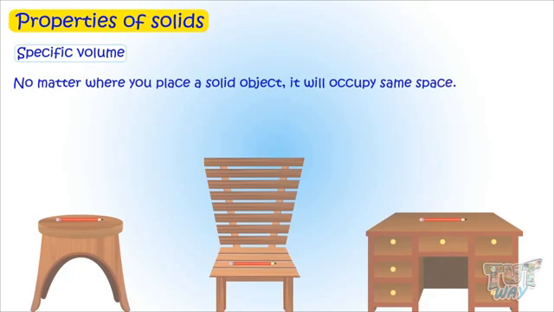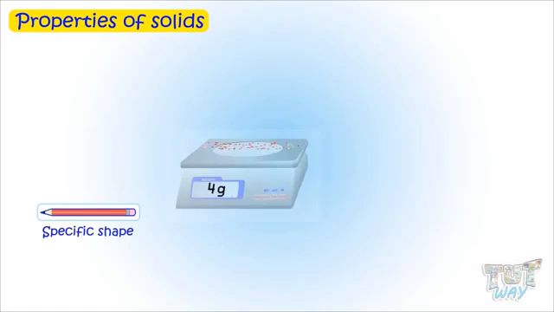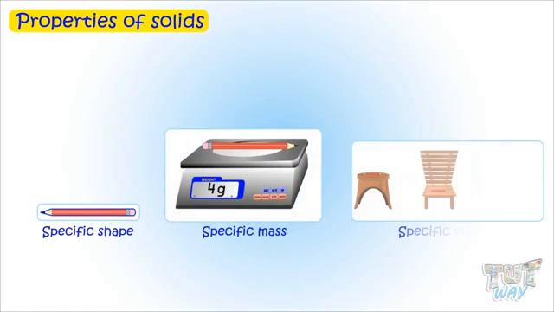It will not happen that in any particular place it is occupying less space or any place it's occupying more space, but it will always occupy the same space, so it has specific volume. So we learned solids have specific shape, mass, and volume.